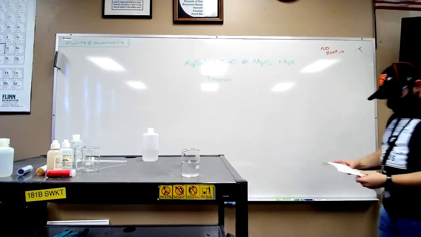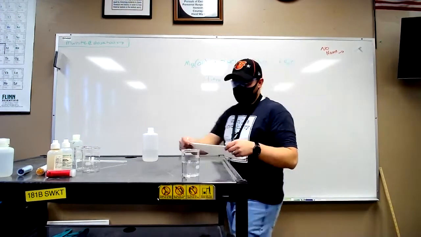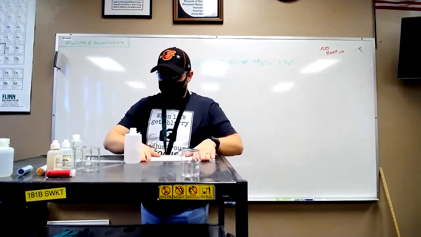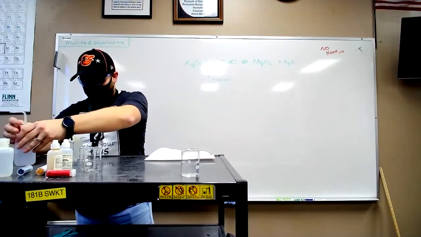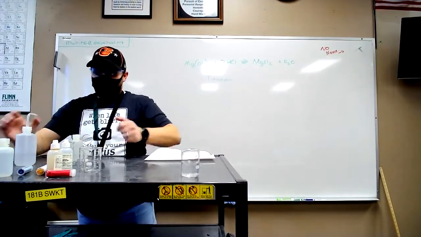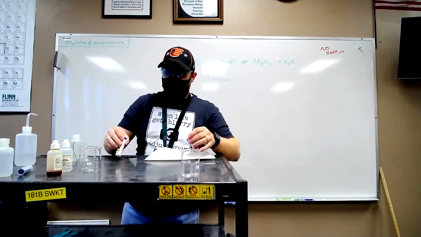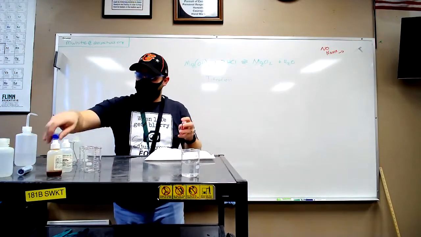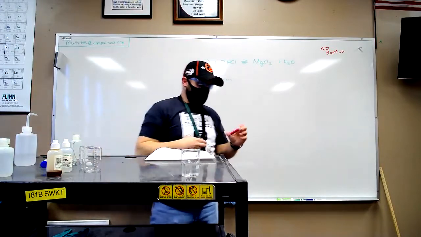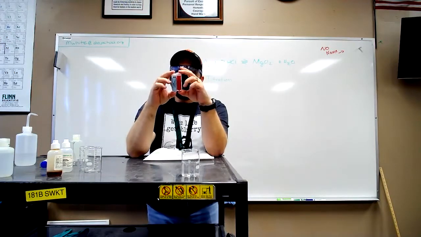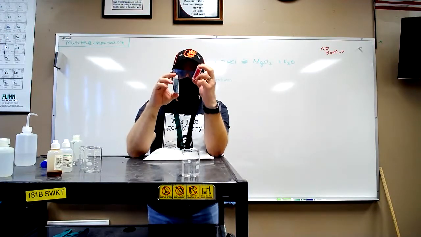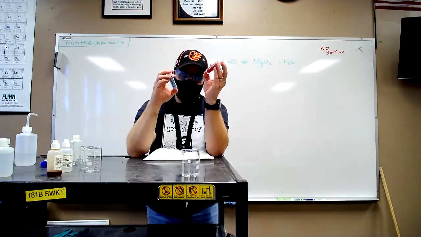Now when we first talked about acids and bases, we talked about something called litmus. And I said that I would give an example of that. So this is litmus. Remember, there's red litmus and blue litmus. Red, if we see the color red, we're dealing with an acid.